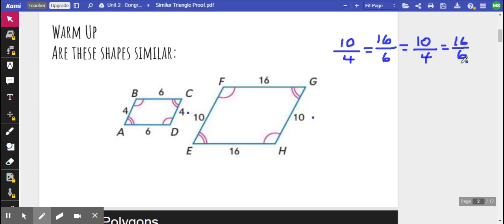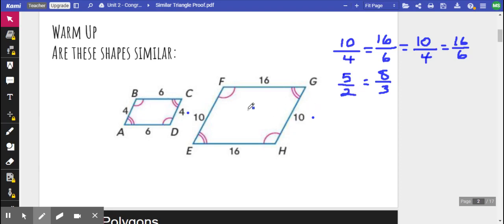So it doesn't seem like we have similar shapes because if I reduce the fraction 16 over 6, I would have 8 over 3 from big to small. And for the other sides from big to small, I would end up with 5 halves. So these proportions are not equal to each other.